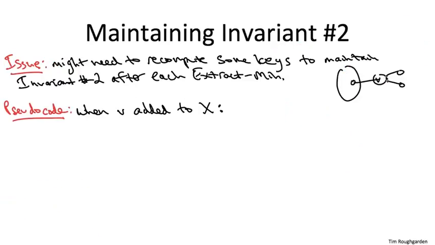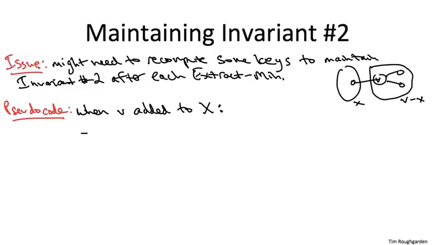Fortunately, restoring invariant number 2 after an extract min is not so painful. The reason being is that the damages done by an extract min are local. More specifically, let's think about what are the edges that might be crossing the cut now that were not previously crossing the cut. Well, the only vertex whose membership in these sets has changed is V, so they have to be edges that are incident to V. If the other endpoint was already in X, then we don't care.